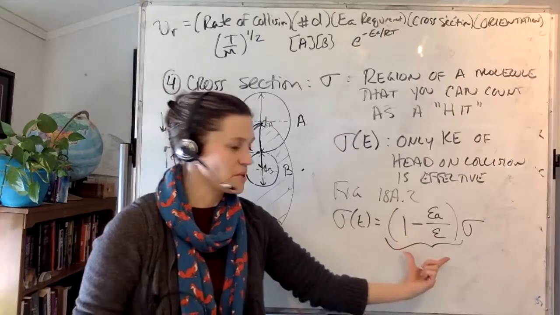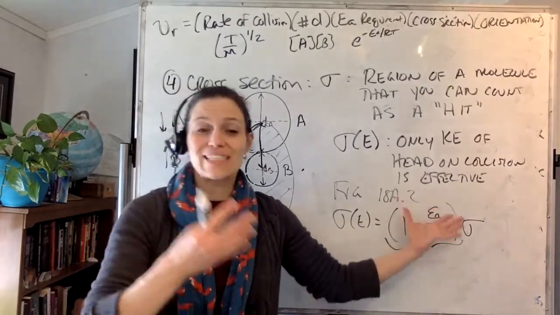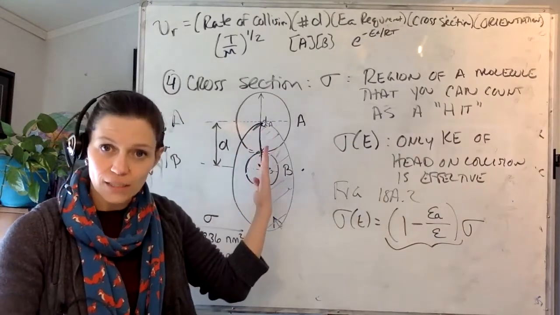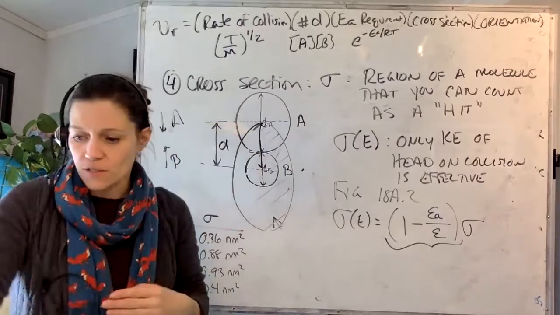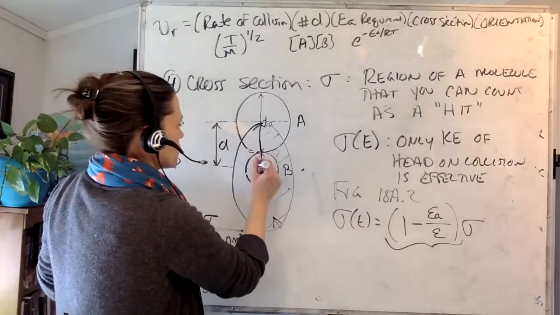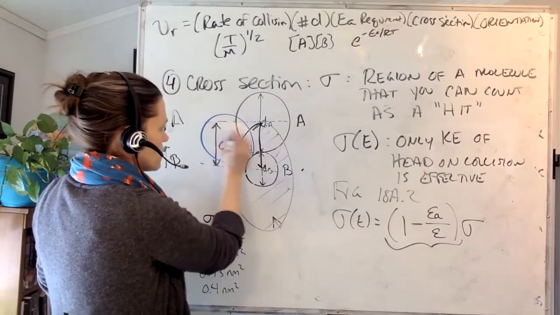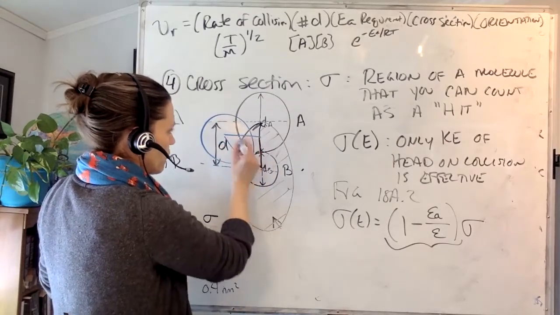And so that means that there's going to be some percentage of the cross-section that is not contributing to the head-on collision. If there's an offset, so say you're actually here, then there's going to be some vector value.